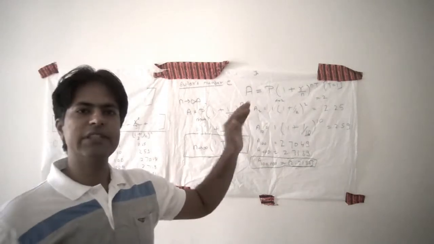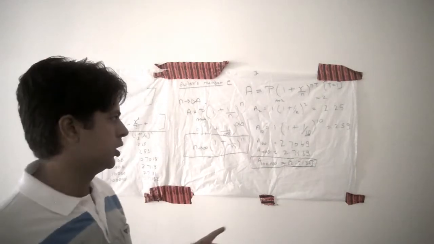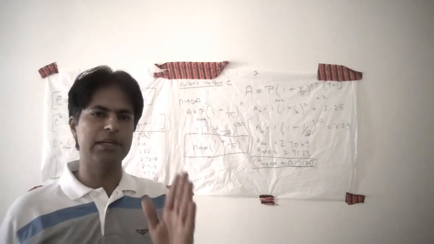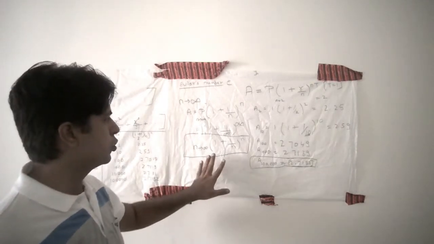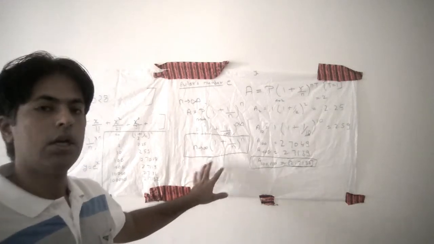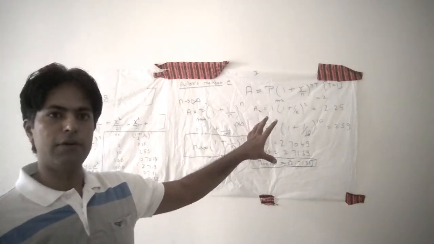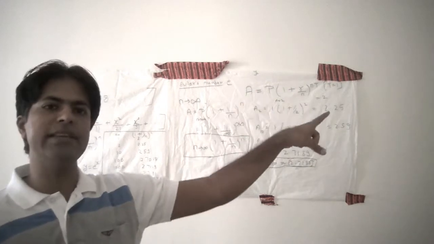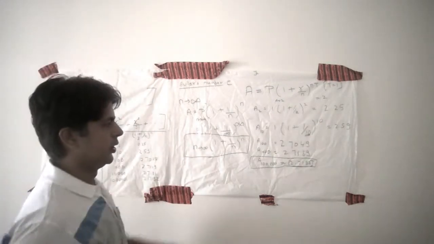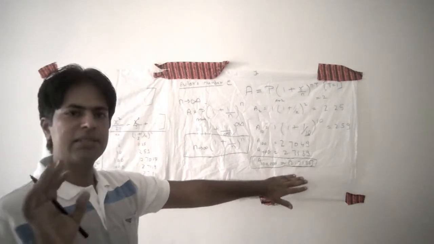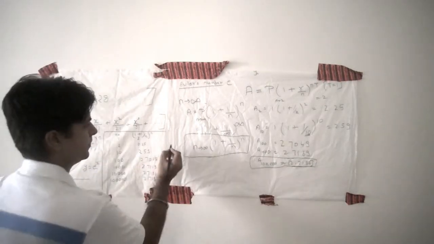If you have a rate of interest of 100%, the maximum return you can get will be equal to E, irrespective of your frequency of interest payment. You keep on increasing n, the maximum number would be E, right?